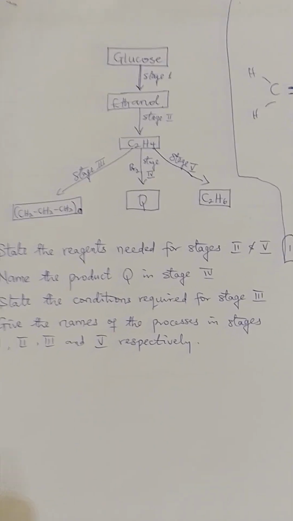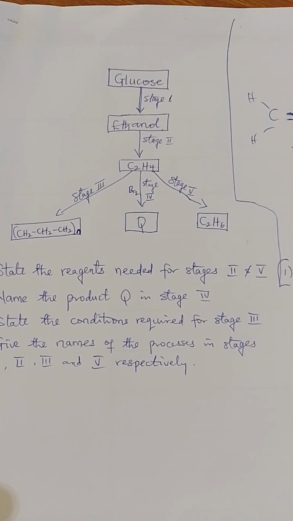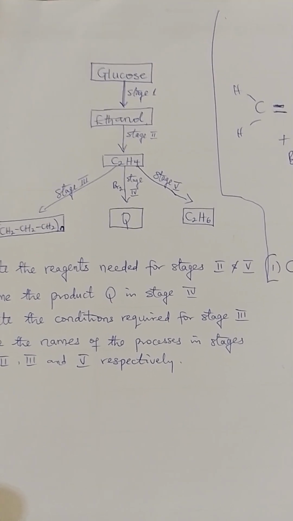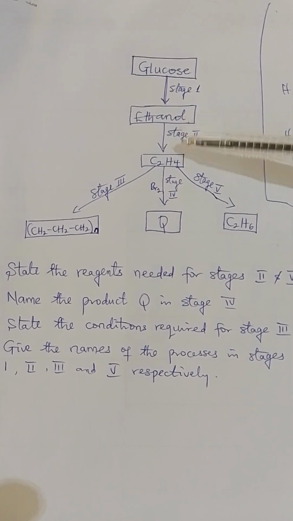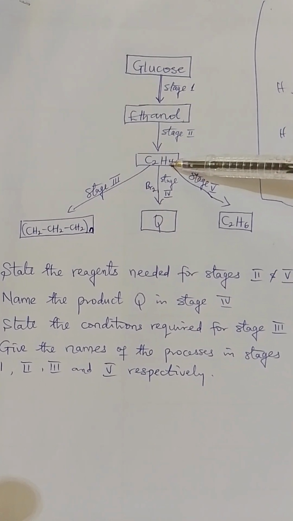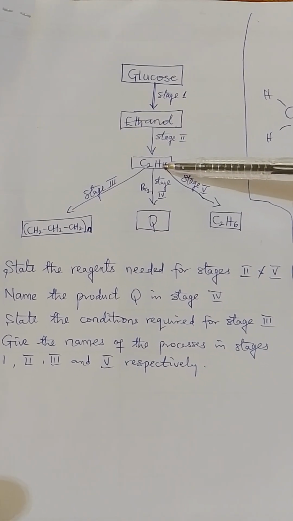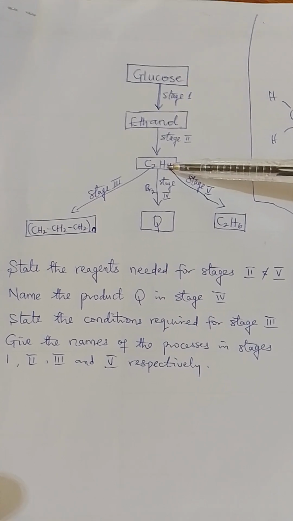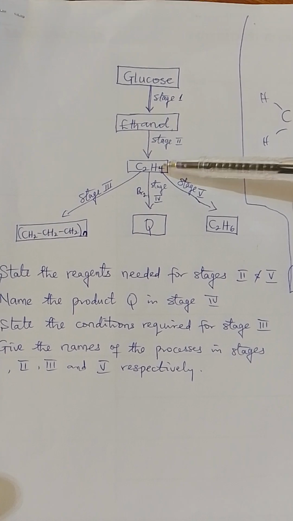Alright, so now let's see the question. Straightforward. It says, question 1, state the reagents needed for stages 2 and 5. What is stage 2? Stage 2 is ethanol converting to ethene. If you have watched the video on chemical properties of alkanol that I posted earlier, if you have not watched, please do so so that you have a good understanding.